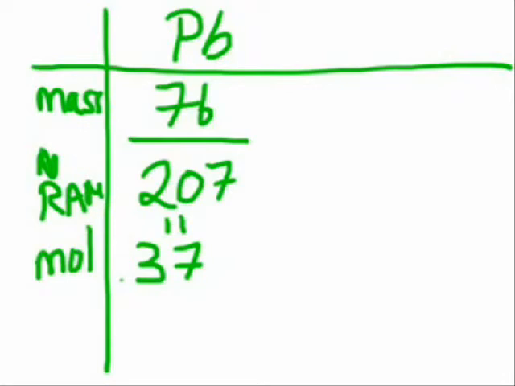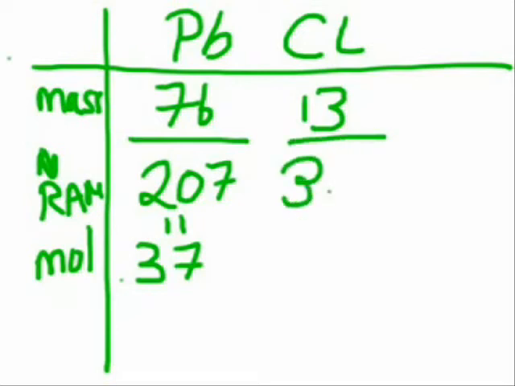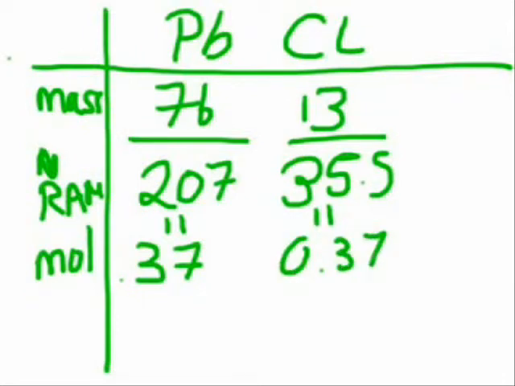Then I'd have to go on and do it for all the remaining elements. So we had chlorine, we said we had 13 grams of that, and the relative atomic mass of chlorine is 35.5. Now you could round up to 36. Do the same thing, 13 divided by 35.5, and you notice that also equals 0.37.